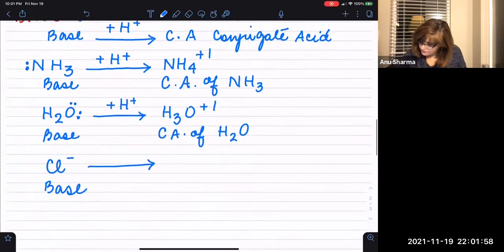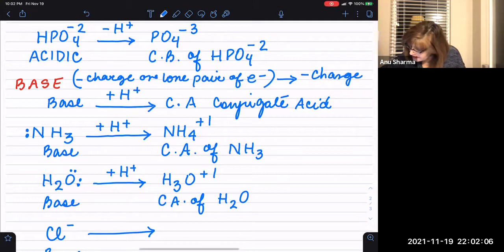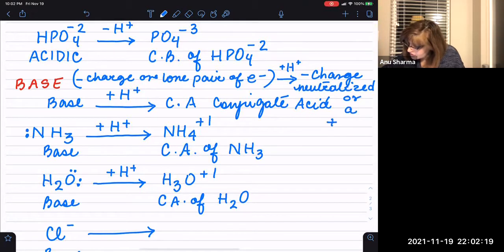Now, whenever a base comes, like I said, the negative charge is neutralized when a positive hydrogen ion is added, or a positive charge appears.